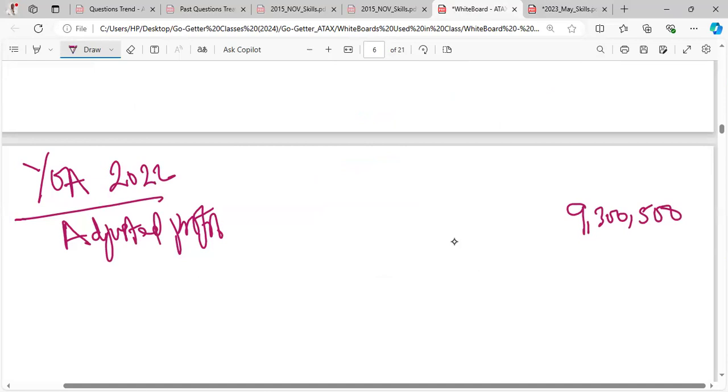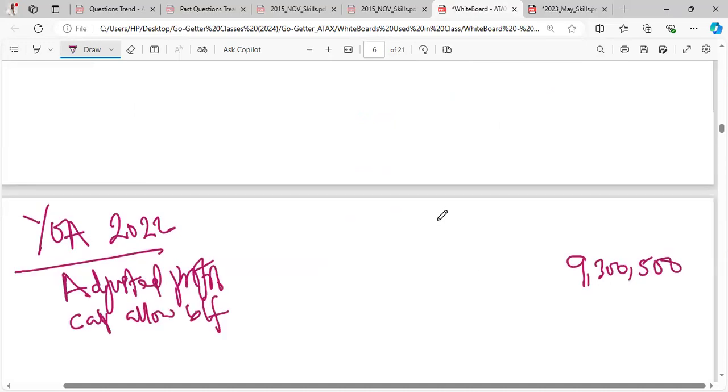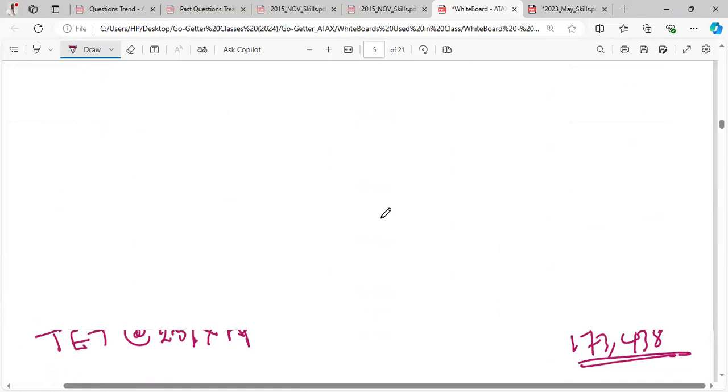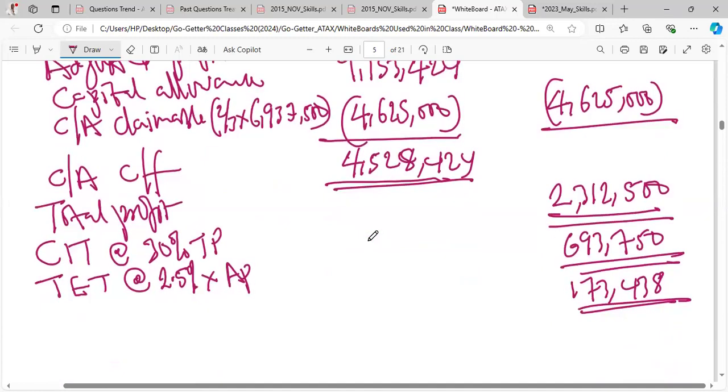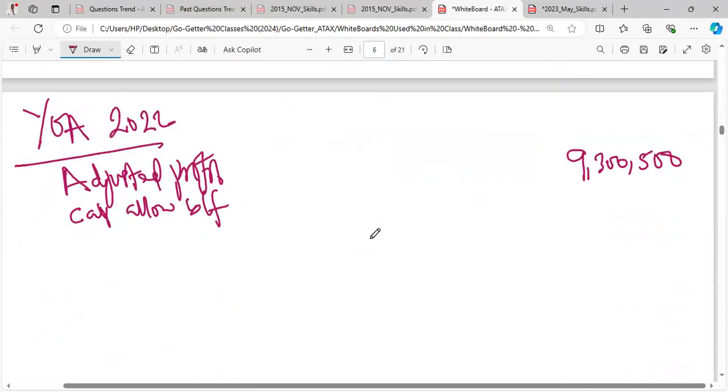Then you have your capital allowance brought forward. This 4,528,424 is carried forward here to be brought forward to this year. 4,528,424.